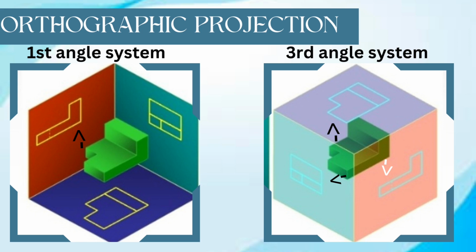Now, if the observer sees the object in the first angle system, there are some hidden lines, shown with the dash line here. Same here on this side, the hidden feature in the side.